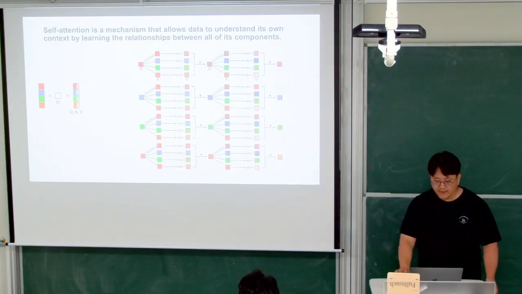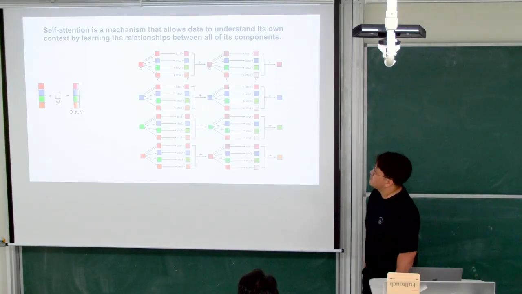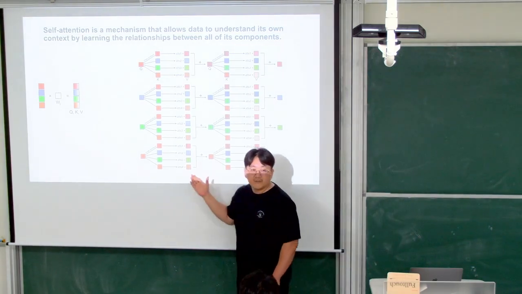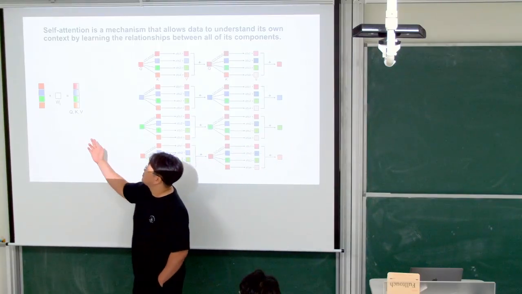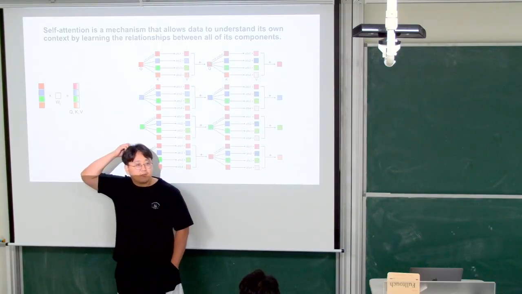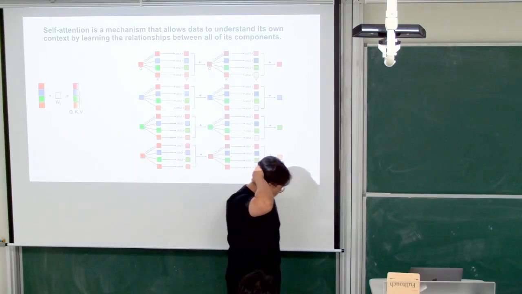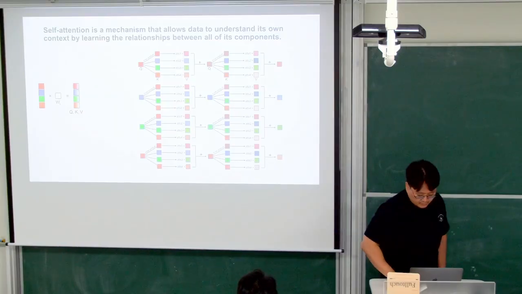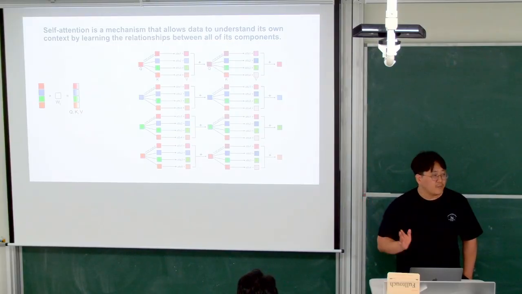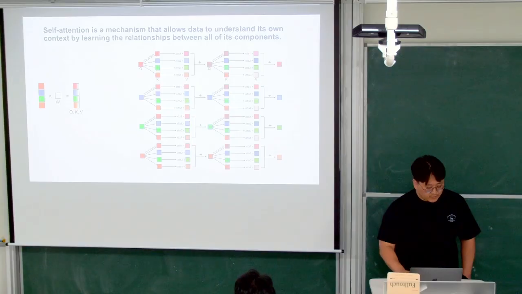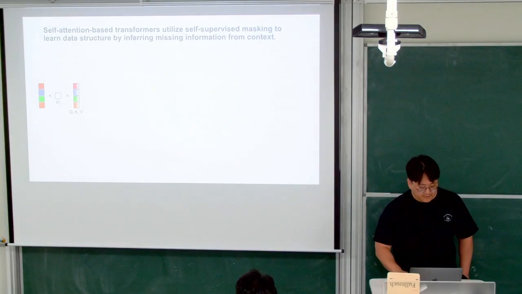Then how can we train this model? We need to update these weights. There are various ways to update them, but one of the most popular strategies uses masking. So what is the masking strategy?